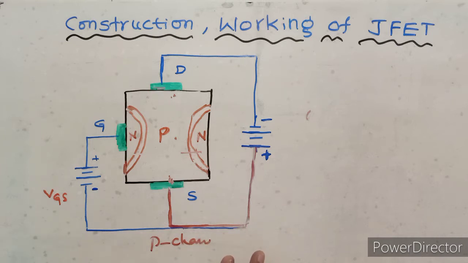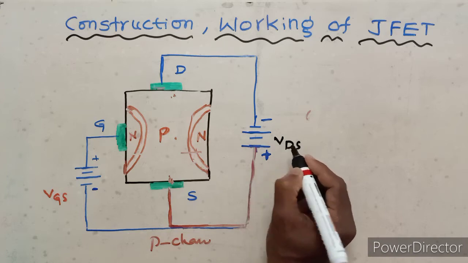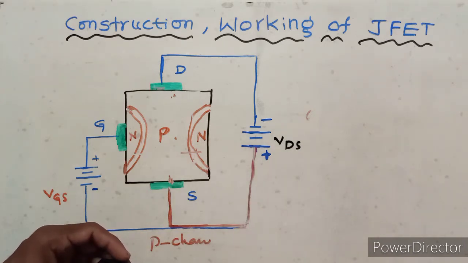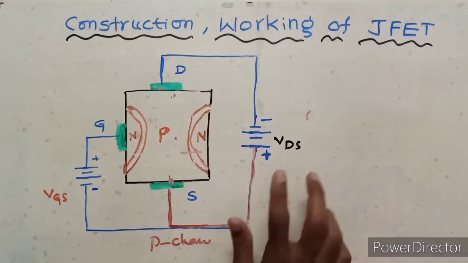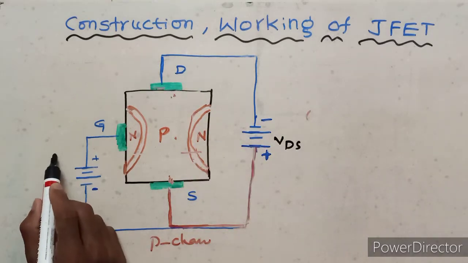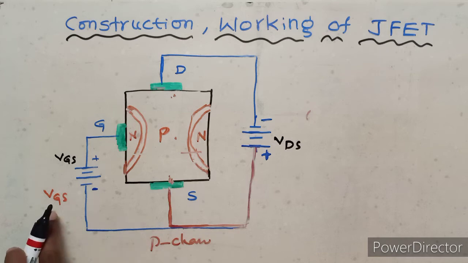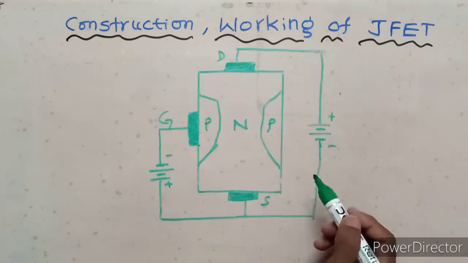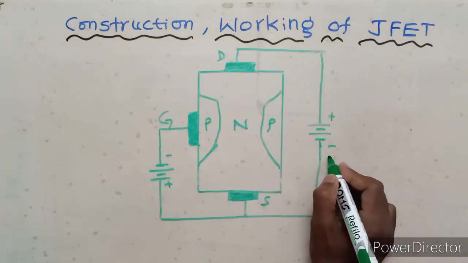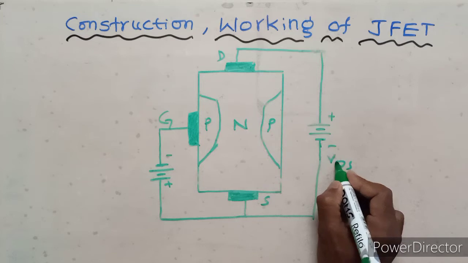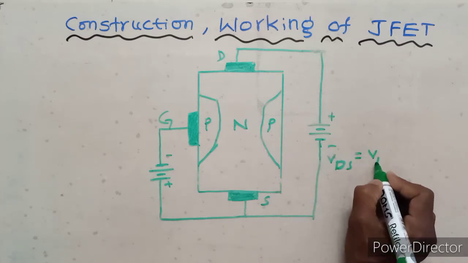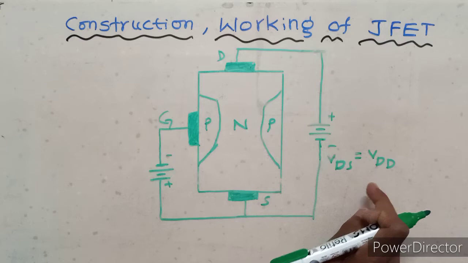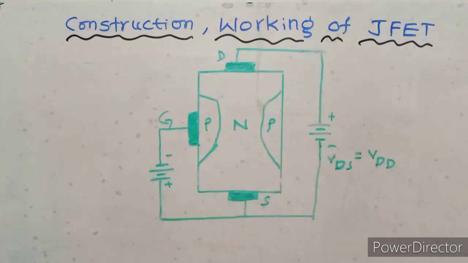Here the majority charge carriers move from source to drain when a potential difference VDS is applied between the source and drain. This is VGS, and this is VDS. The application of voltage VDS is denoted by VDD, the drain supply voltage.